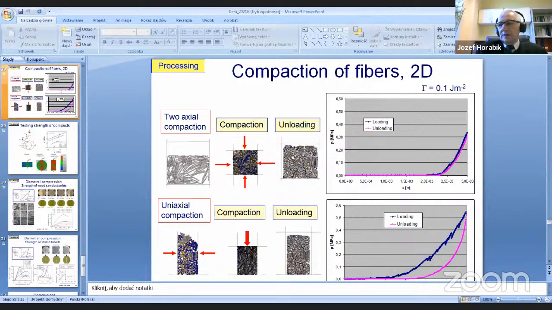And this concerns both, for example, starch tablets, and different behavior, for example, ductile, semi-brittle or brittle behavior can be modeled with this approach.